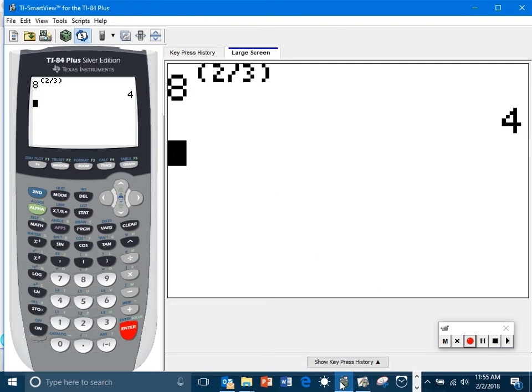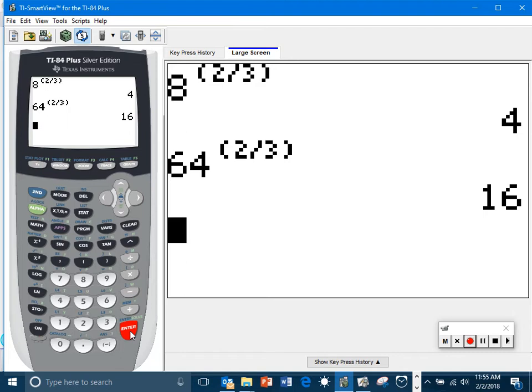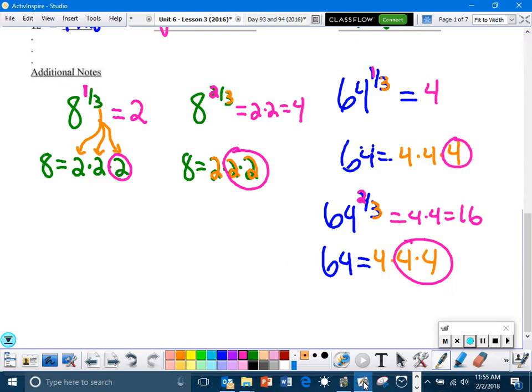Let me demonstrate that. 64 to the 2/3 power is 16. So that's what the rational exponent is doing. Let me demonstrate one more here.